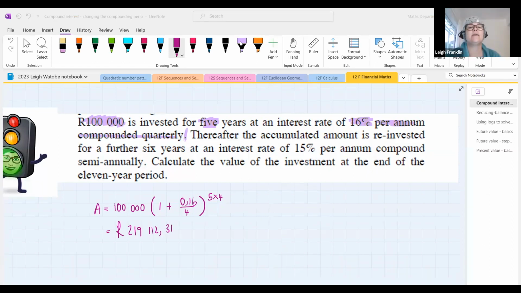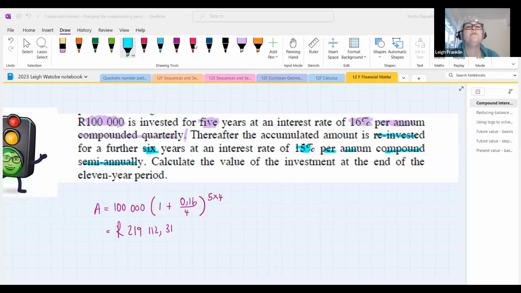Now they tell us that this accumulated amount, this A value here, is reinvested for a further 6 years at an interest rate of 15% per annum, compounded now semi-annually. Now they want us to calculate the value of this new accumulated amount.